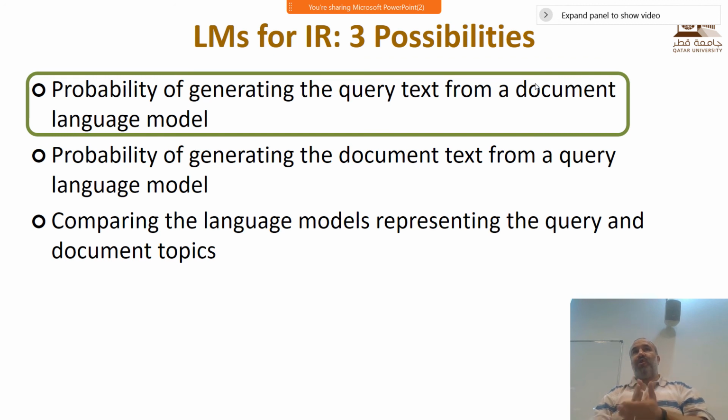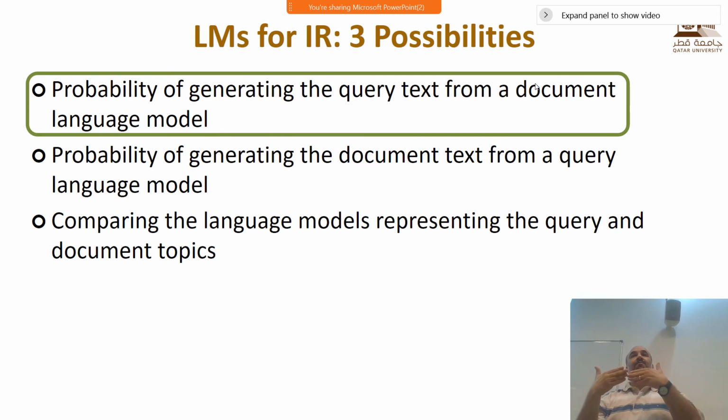Of course, we only studied this. I just want to put you in the context of the entire literature of language models. We only used the unigram language models among the different ways, and we only used one approach out of three, which is the model that generates the query from the document.